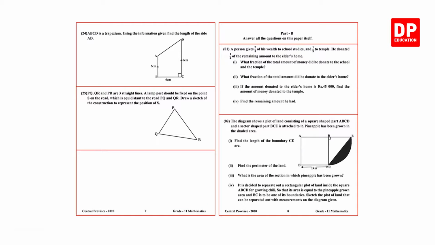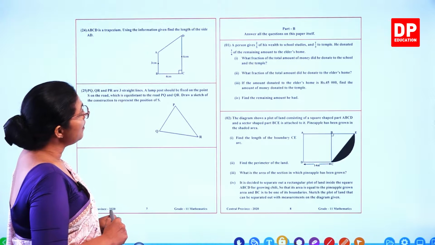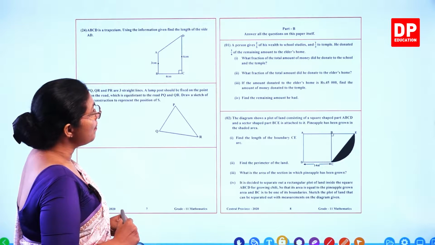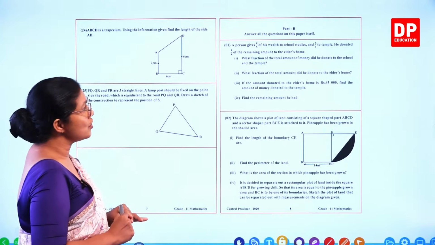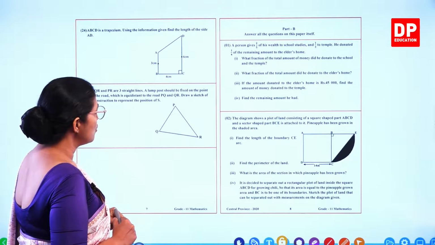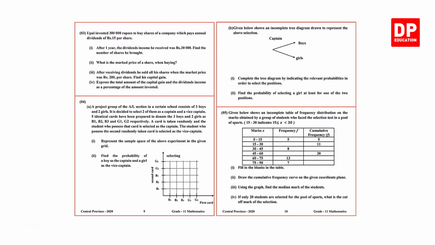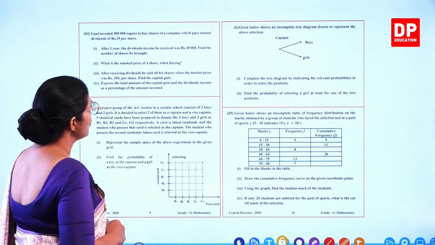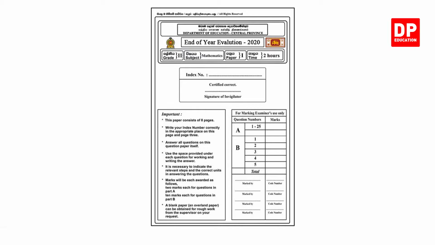Then you get 24 and 25. Then Part B. In Part B, you have to answer all the questions. Question number 1, 2, 3, 4. Then question number 5. So paper 1, 2 hours.